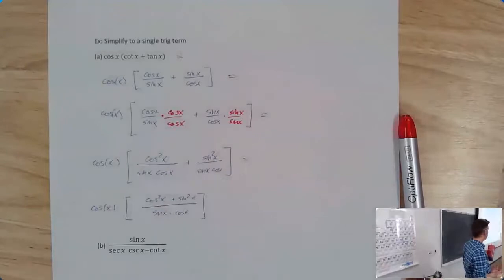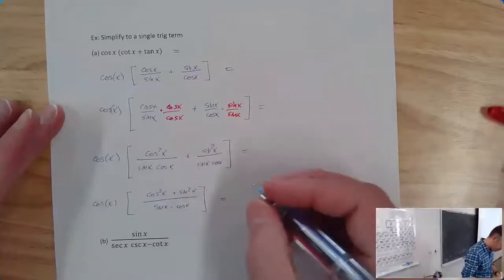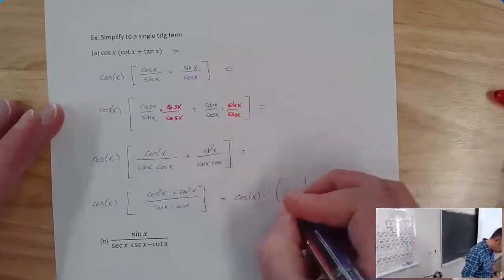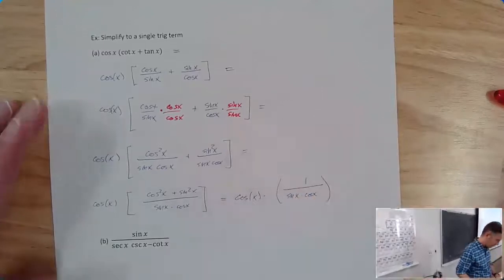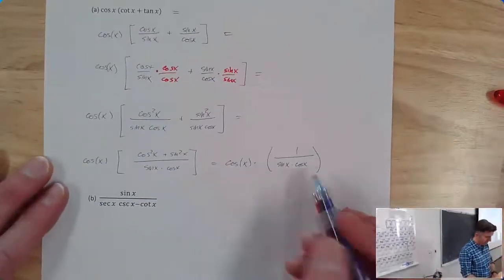We have a trig identity. Cosine squared x plus sine squared x is equal to 1, no matter what x is. So we're going to take this and rewrite it as cosine of x times 1 over sine of x times cosine of x. And at this point, you can probably just cancel a cosine.